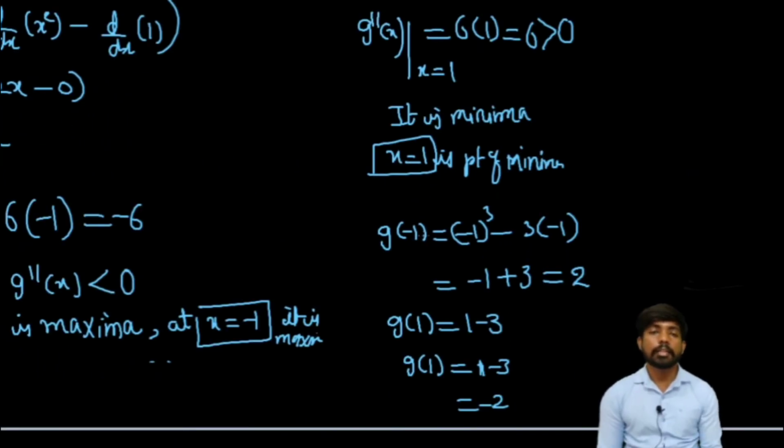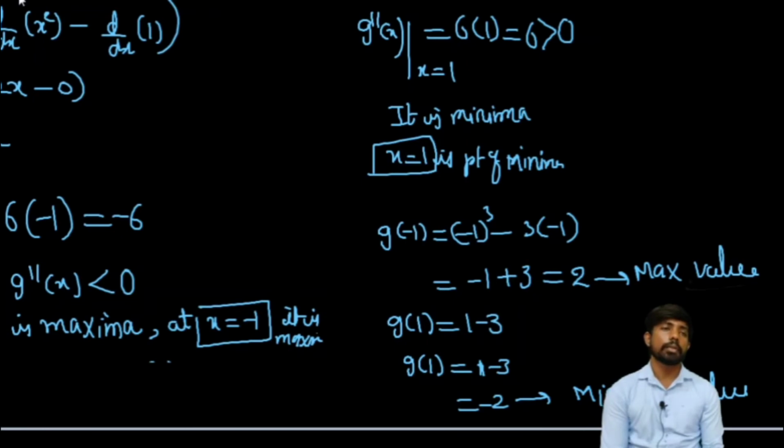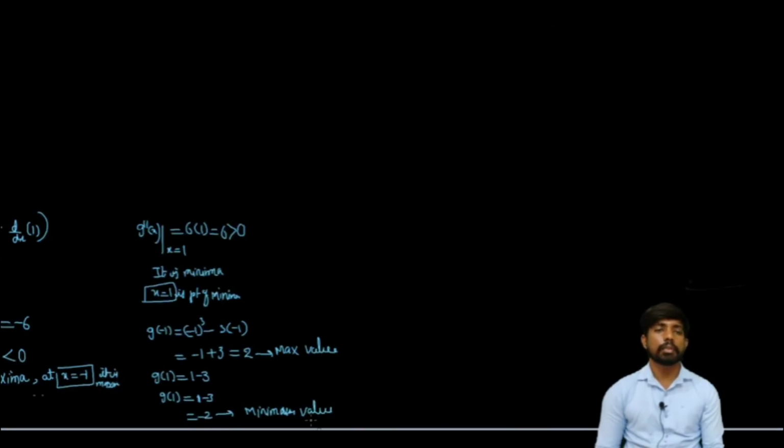So if I substitute minus 1 in the function, you get 2 as the maximum value, and at 1 it is the minimum value. That's all. This is the solution.